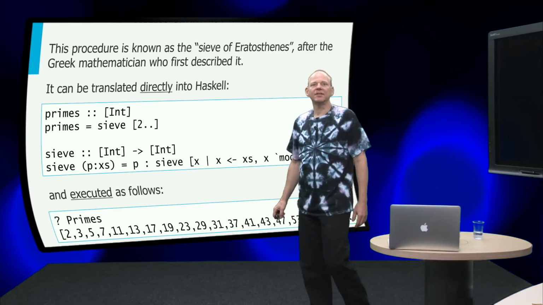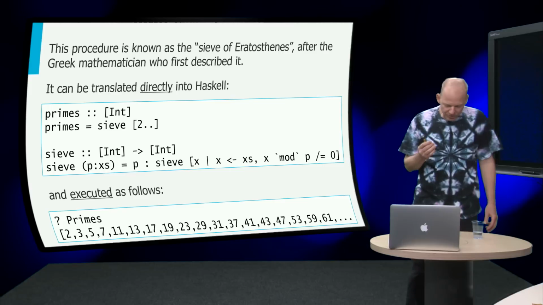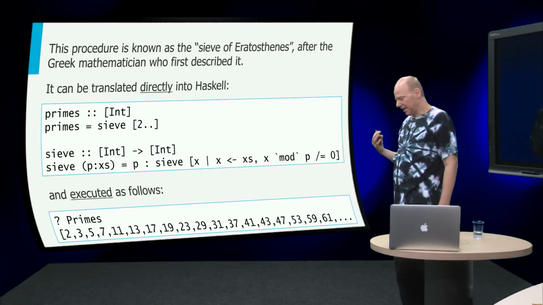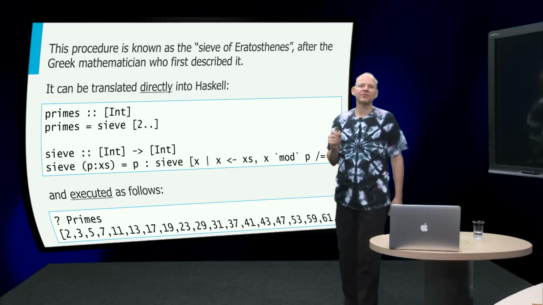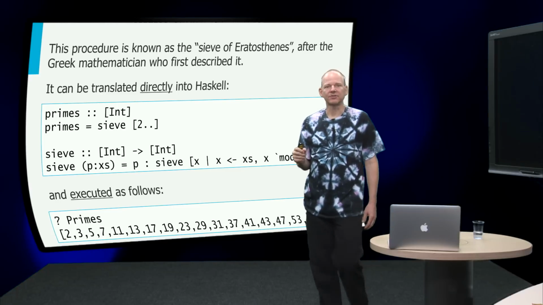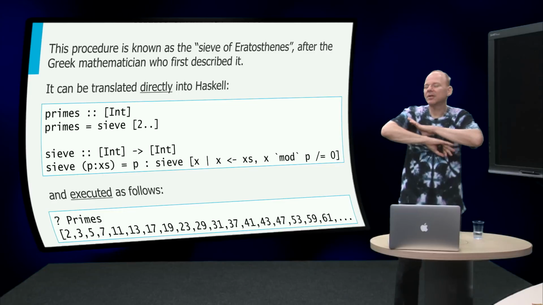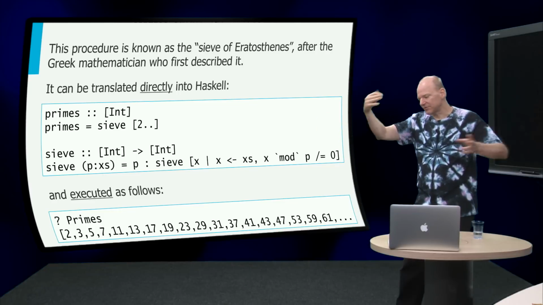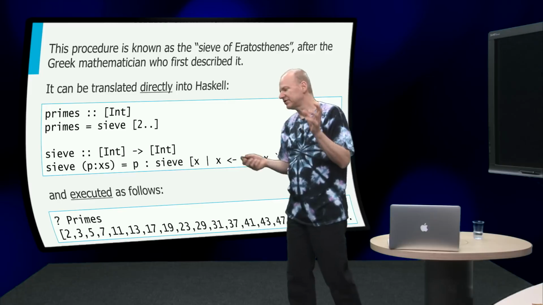Let's translate this into Haskell. All right? And the beauty of this is that this algorithm is more or less directly translated into Haskell. Now, of course, there's a huge field of literature on different versions of this sieve and more efficient versions.